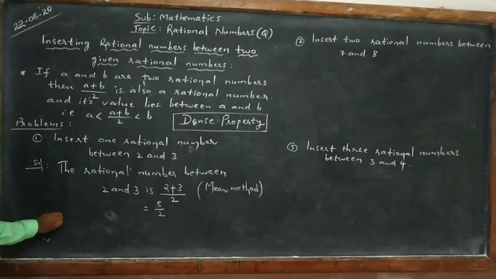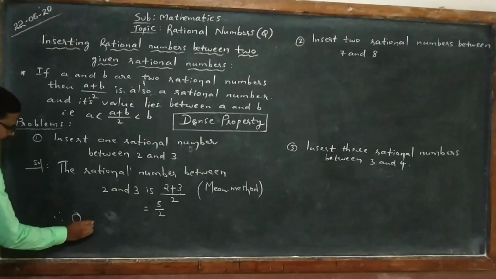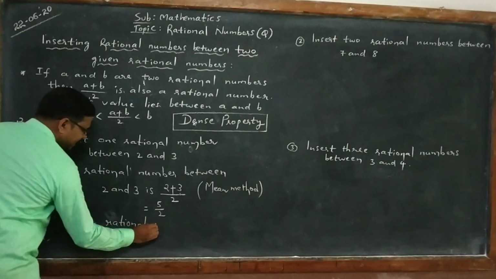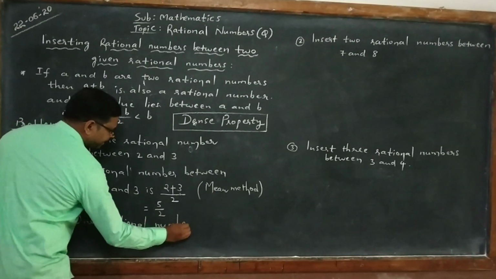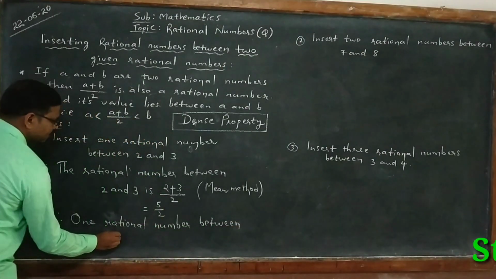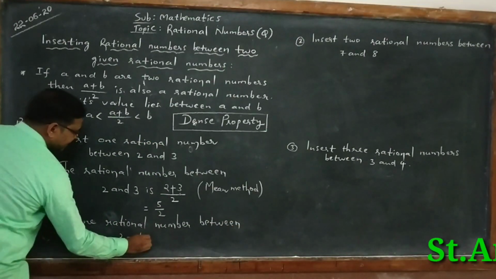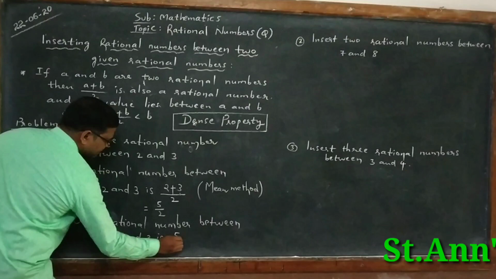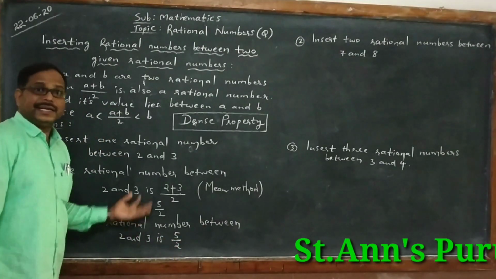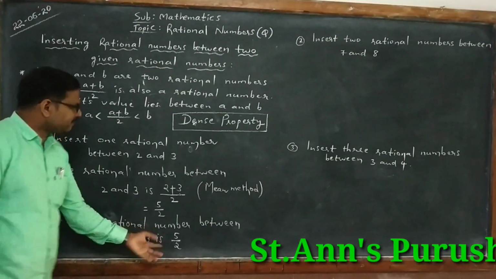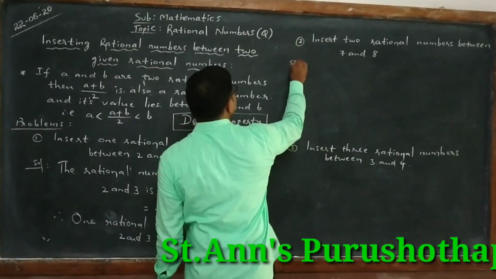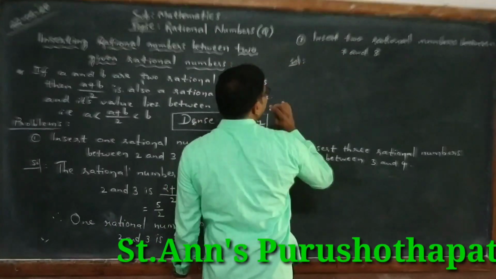Therefore, one rational number between 2 and 3 is 5 by 2. One of the infinite rational numbers is 5 by 2 or 2.5. Terminating decimals are also rational numbers only.